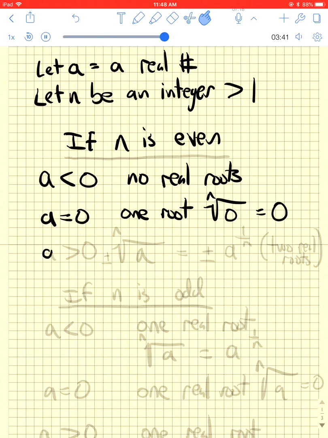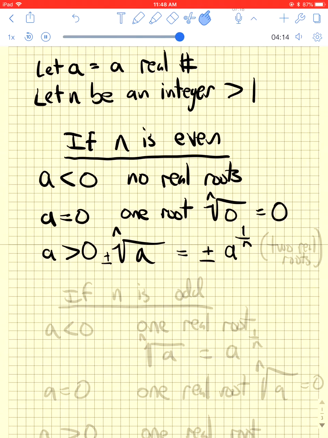And if a is greater than 0, then we have the nth root of a, but we have to consider that there are two real roots, so plus and minus, which is equal to plus or minus a to the 1 over n. So that's if n is even.